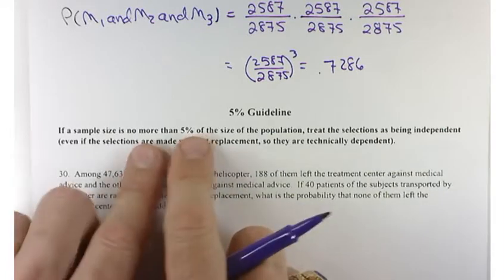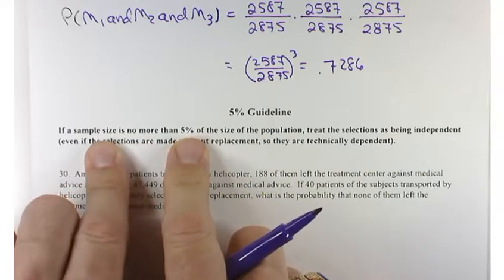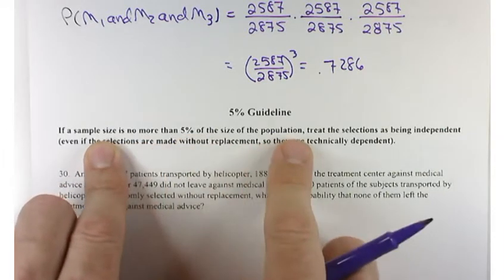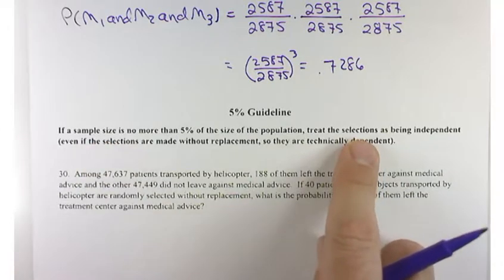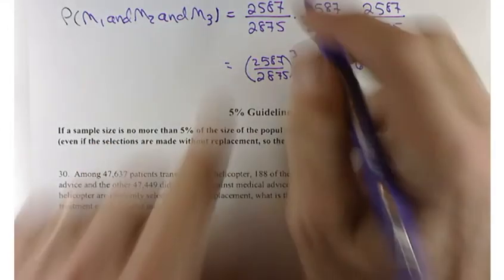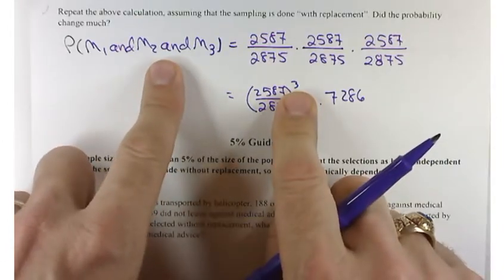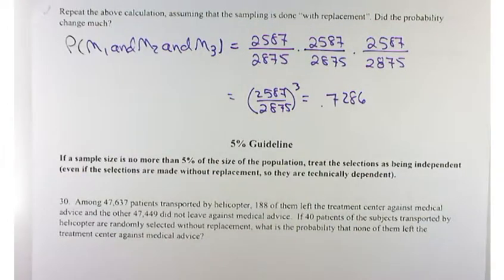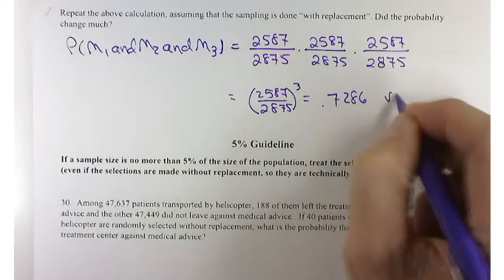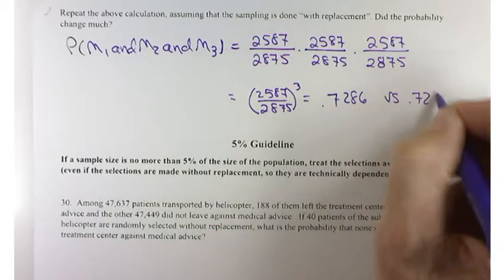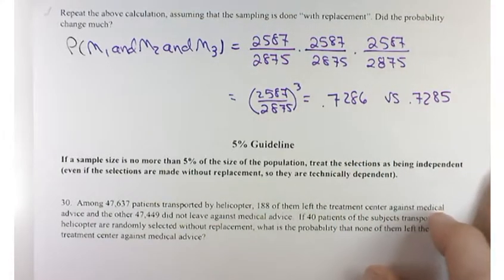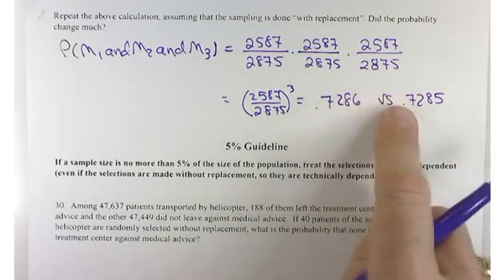Basically, it says if your sample size is no more than 5% of the population, you can treat these as being independent. In other words, you just calculate that first probability and then raise it to the appropriate power. Because look, it didn't make that much of a difference. If you compare that to 0.7285 from our previous calculation, they're pretty close.